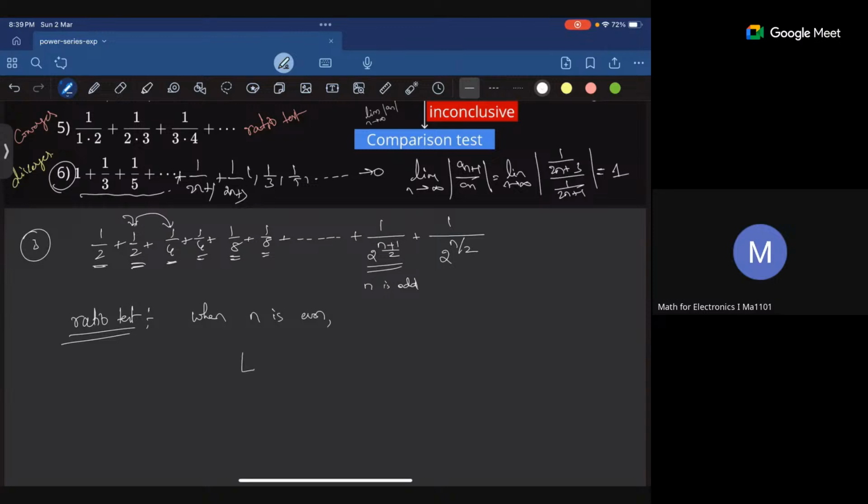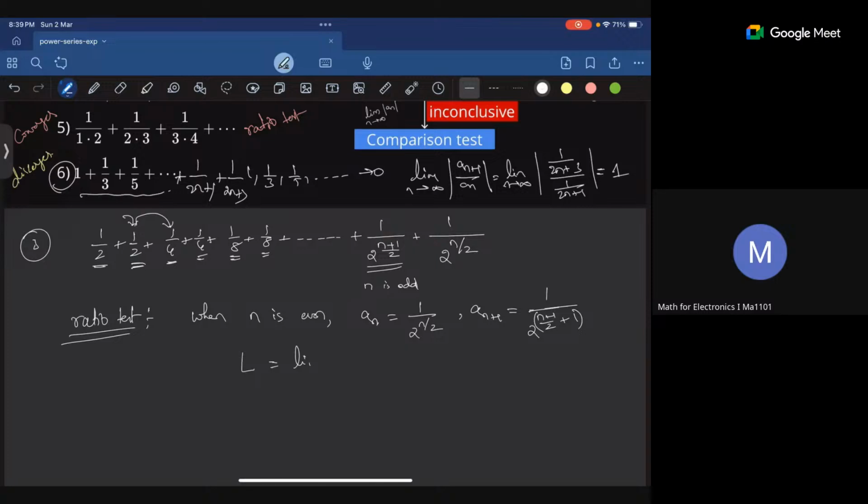So when n is even, our a_n is 1/2 power n/2, whereas a_(n+1) is 1/2 power ((n+1)+1)/2, that is (n+2)/2, or n/2 plus 1. Right? So (n+2)/2.